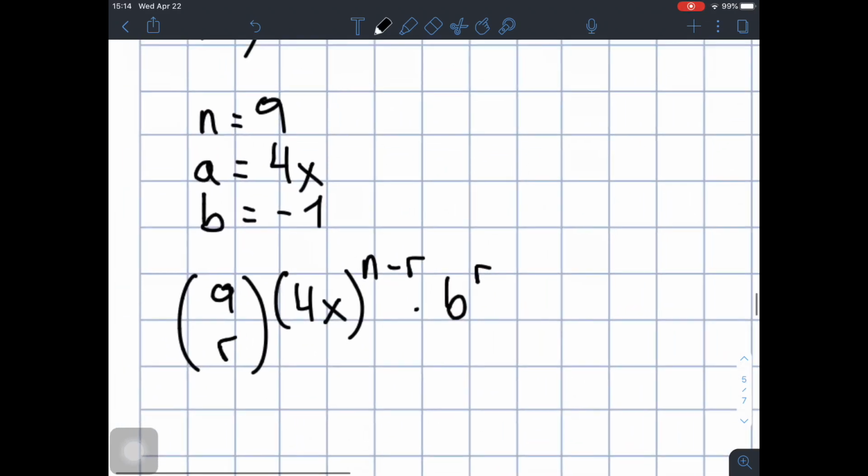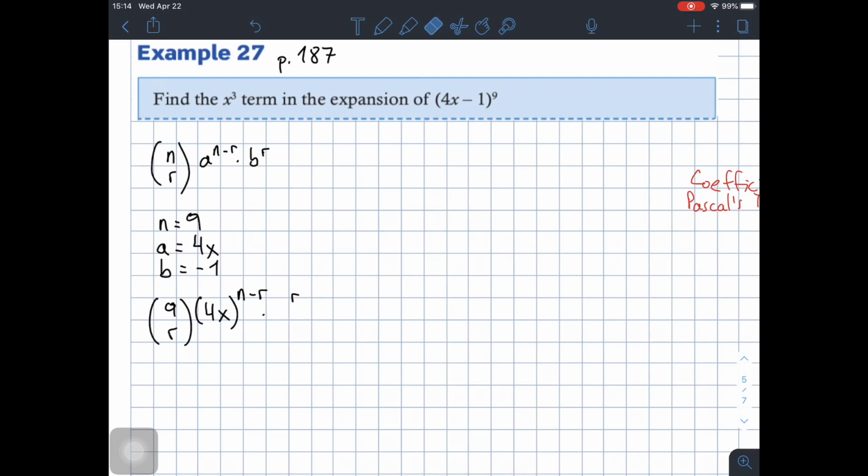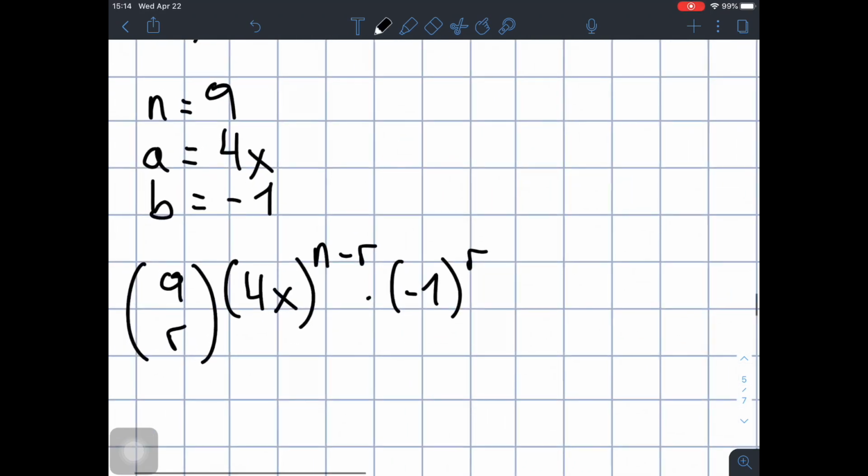Sorry, this b is wrong here. It should be times (-1) to the power of r. There you go. So if we want the x cubed term, then the only part where we have an x is here, right? So this exponent over here should be equal to 3, in order to obtain an x cubed.